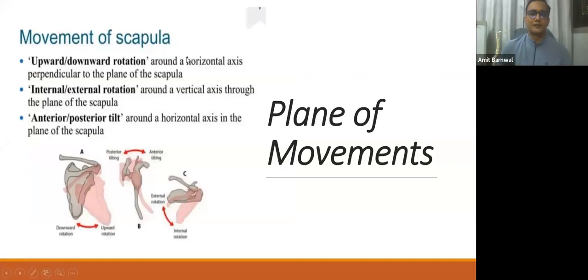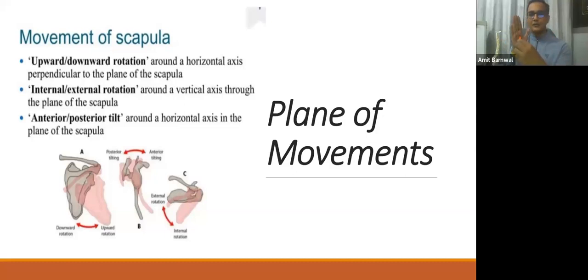So what are the planes of movement of the scapula? I'll try to demonstrate the motion. On the horizontal axis, we get upward and downward motion. And internal and external rotation is on the vertical axis, like this.